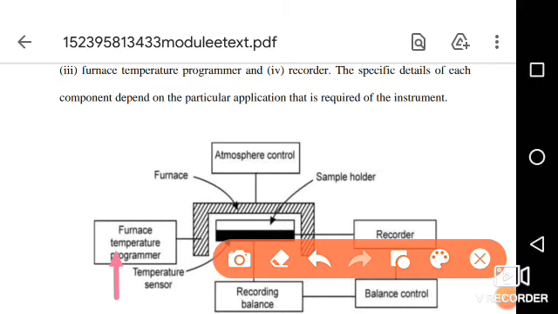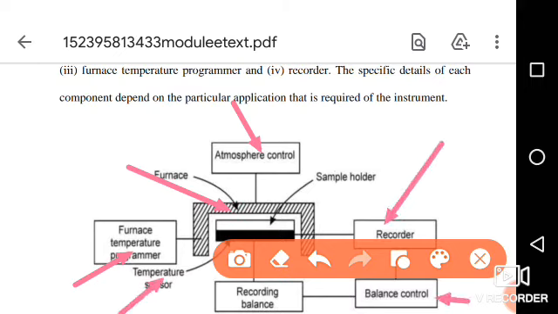This is the furnace for the heating of this substance. Then this is atmosphere control. This is furnace temperature programmer, we can adjust the temperature. Here temperature sensor, here recorder, balance control is there, and recording balance is there, and here we put the sample.